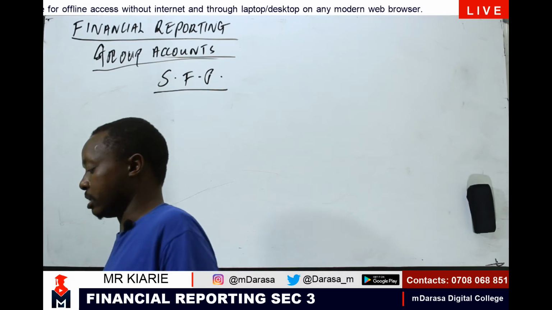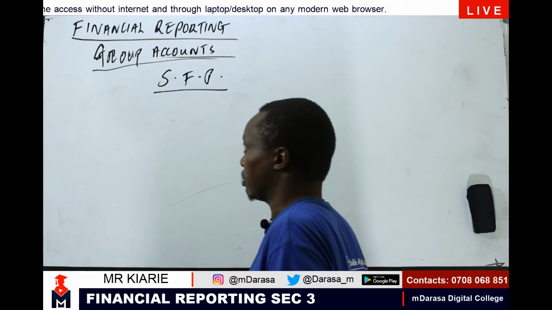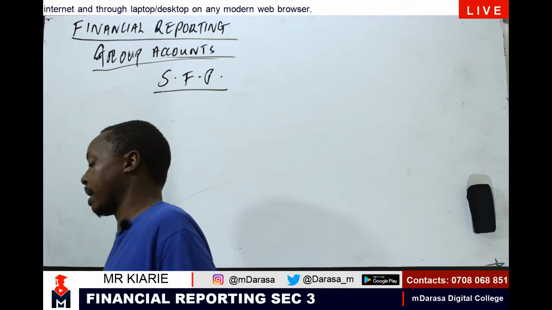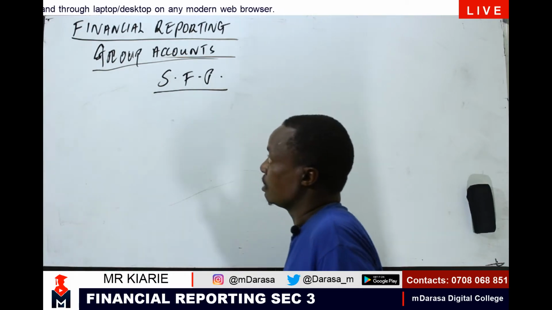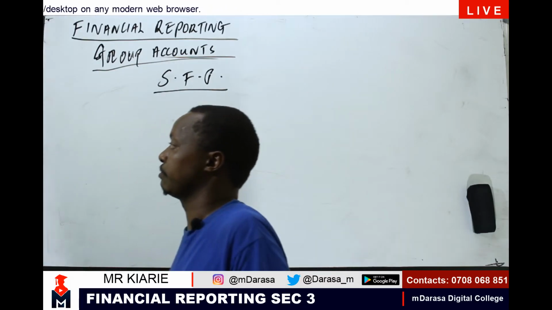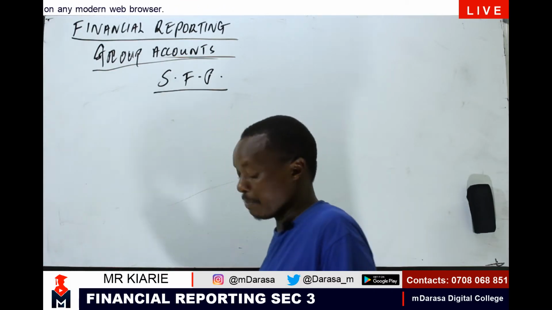Kindly underline that last statement, that only the capital and reserves of the parent company are included in the consolidated SFP. Full stop. A paragraph below that.